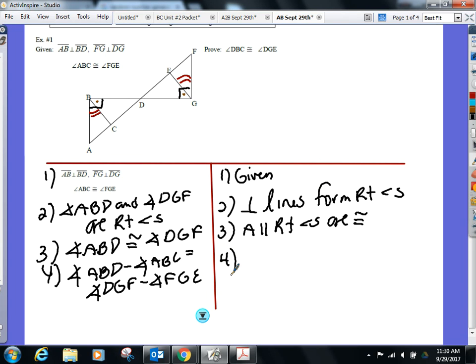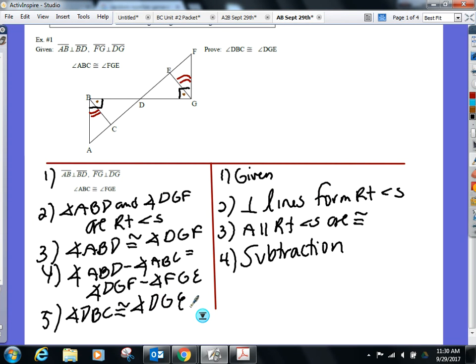What is it? Subtraction. And what we do after subtraction or addition hasn't changed either. Substitute to say, finally, angle DBC is congruent to angle DGE. Substitution. So our proof is getting one step longer.